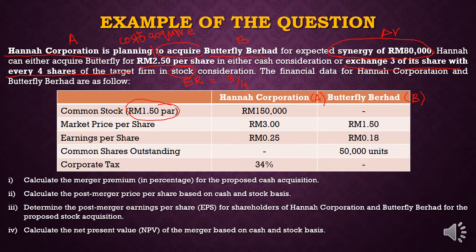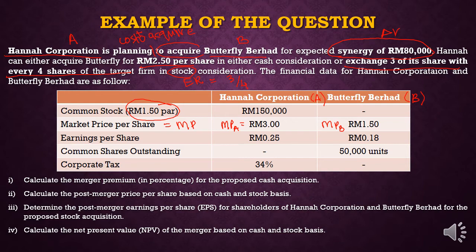Next is the market price per share, represented by MP. The market price per share for Hana Corporation, MPA, equals 3 ringgit, and for Butterfly Berhad, MPB, equals 1 ringgit and 50 cents.